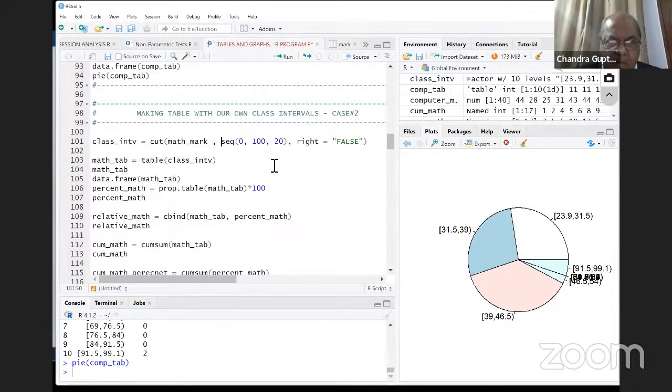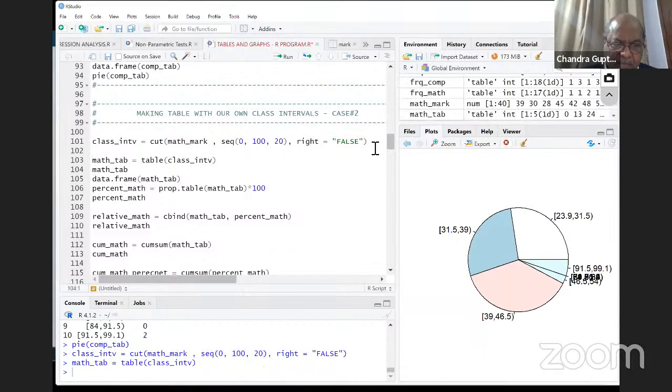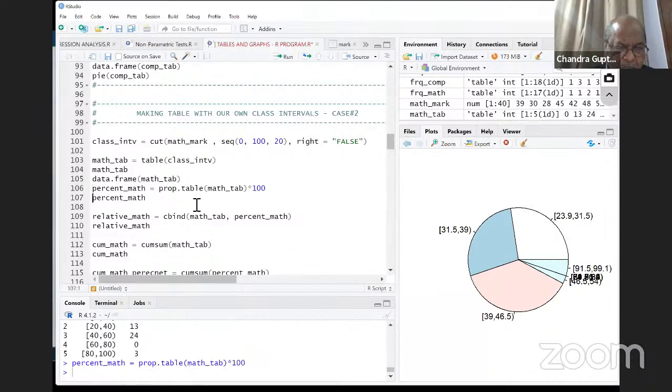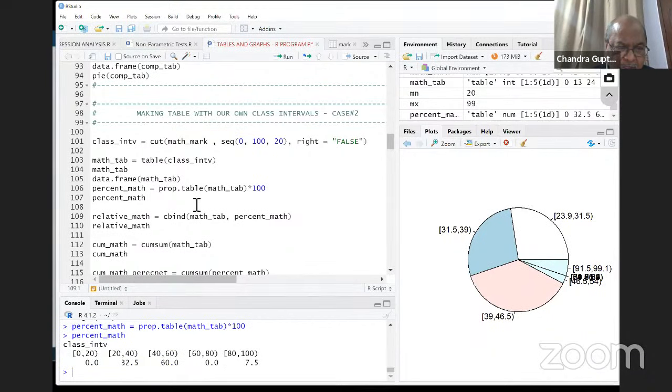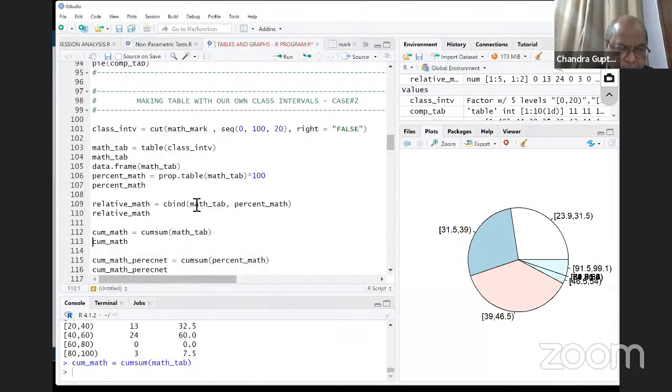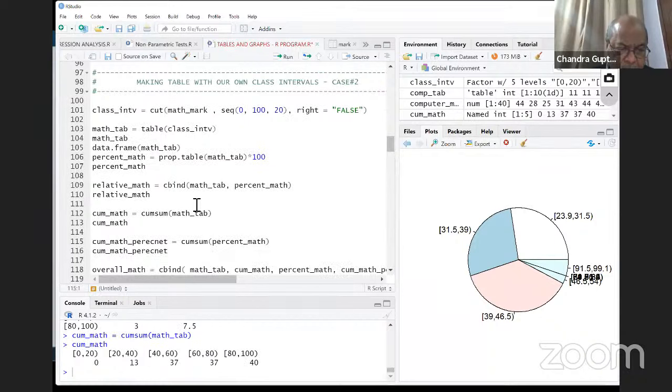So if I make this, now you can see 0 to 20, 20 to 40, 40 to 60, 60 to 80, 80 to 100. And then you can have the percent, and you can also have this.